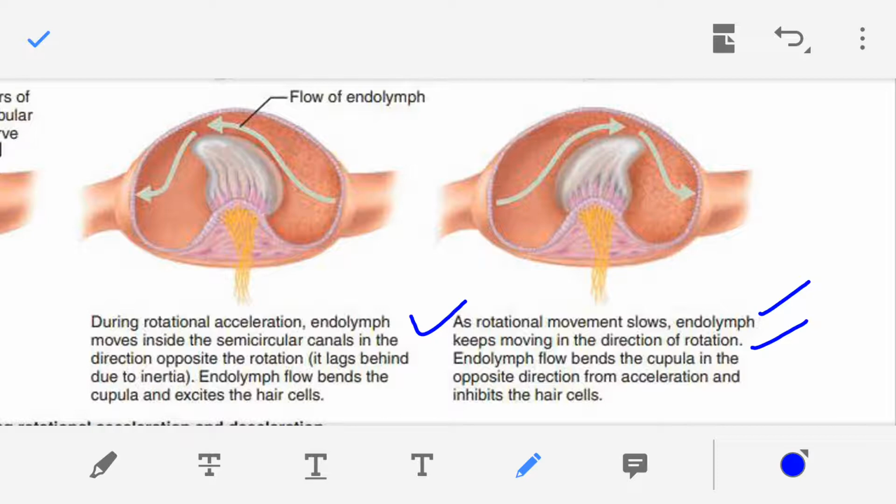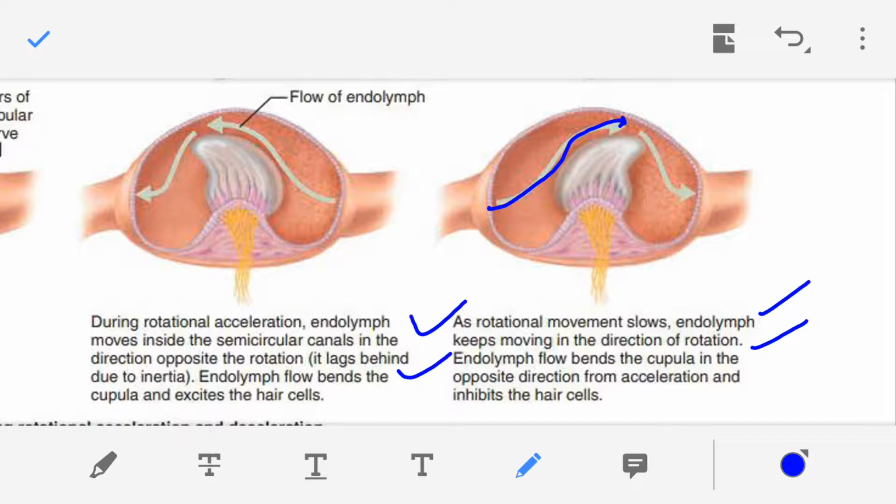Now endolymph flow bends the cupula. So now during deceleration, when the body is slowing, what happened? Endolymph is flowing in the opposite direction.